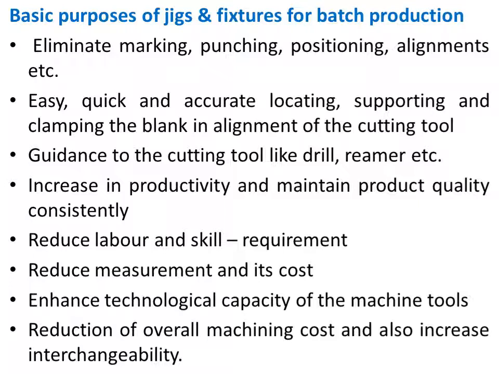The product produced by this method is interchangeable, because the same component can go to any number of assemblies with the same dimension. So the replacement of the component will be very easy because it is done with the same dimensions. So these are the basic purposes of using a jig or a fixture for batch production.